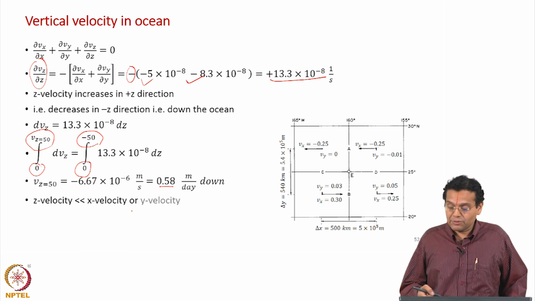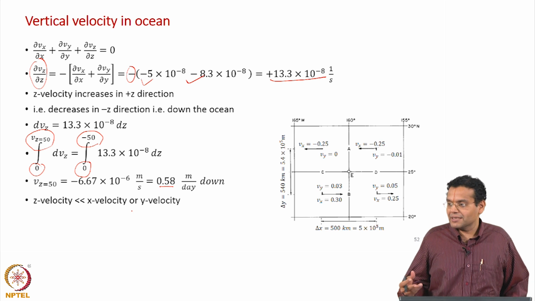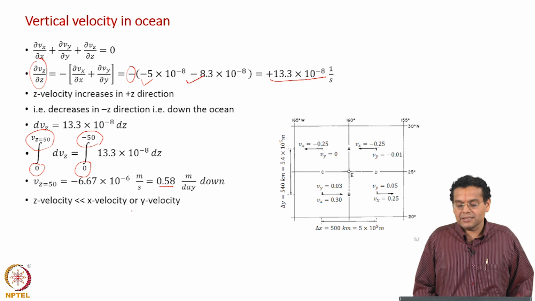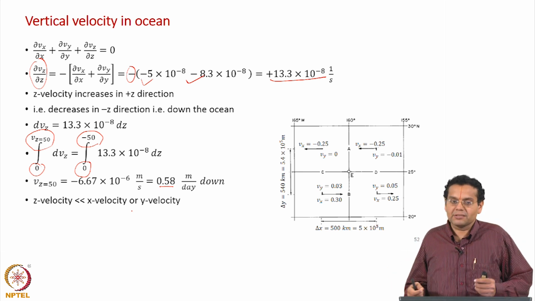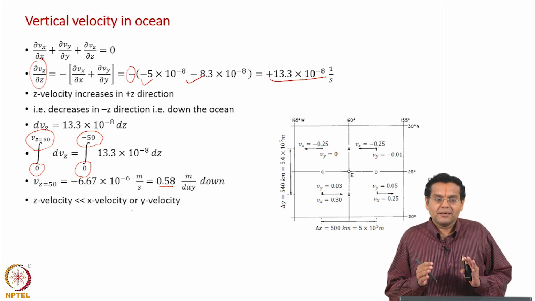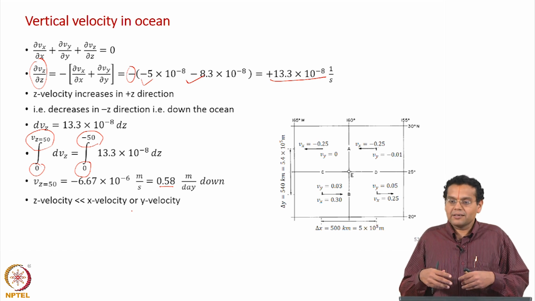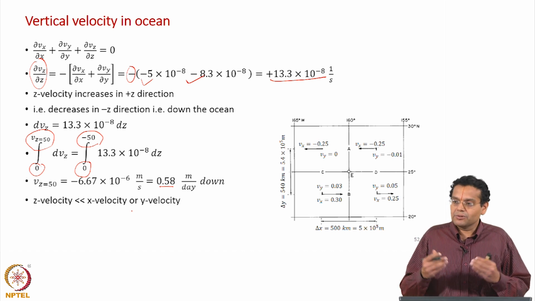Remember, our x and y velocities are extremely large, on the order of some meters per second, but our z velocity is extremely low. Maybe that is the reason it is difficult to measure the z velocity, but we can measure the x and y velocity. So, a very good example, linking velocity measurements along x and y axes, and using them to estimate the z velocity component using the continuity equation.